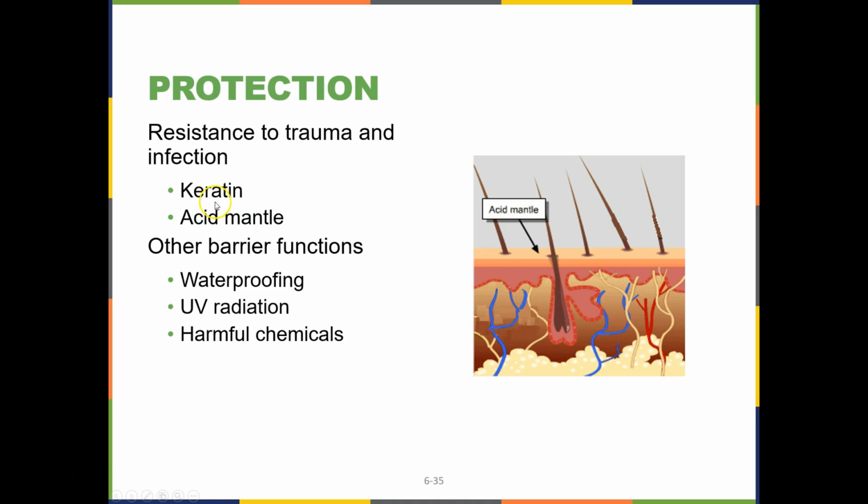Keratin is a very strong protein that provides a waterproofing to the skin, but it also keeps pathogens from getting through. The acid mantle, which is produced by our sweat, causes bacteria that are living on the surface of our skin to not be able to replicate as effectively because of the environment.